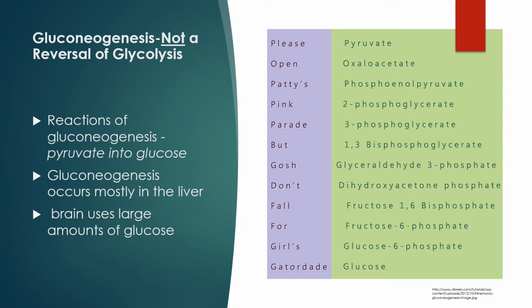So the steps of gluconeogenesis are on the side, and I found this mnemonic that is really silly, but it will help you remember all of the parts of gluconeogenesis. And so I want to go into each one of these in detail and talk about it a little.